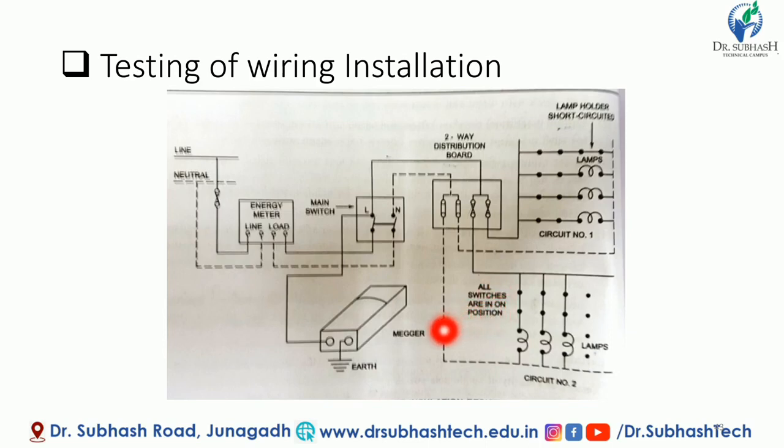All the switches are in the on position in this diagram, which is the wiring diagram we saw earlier, and one meter is also connected to measure earth fault and earth resistance. It is always connected in line with the main switch. This is the testing of wiring installation. In this way you can test your wire and installation with the help of the meter.